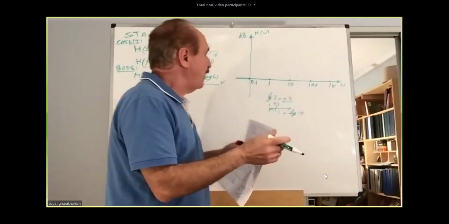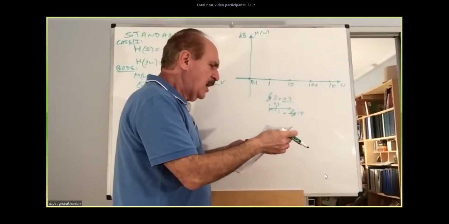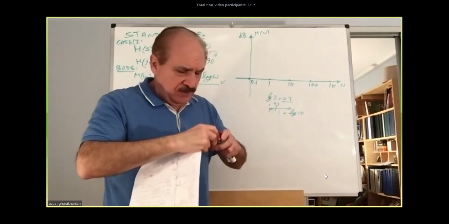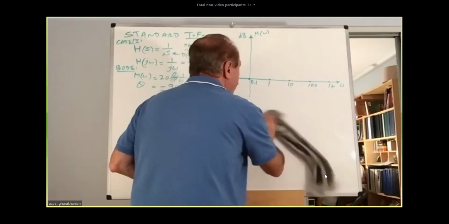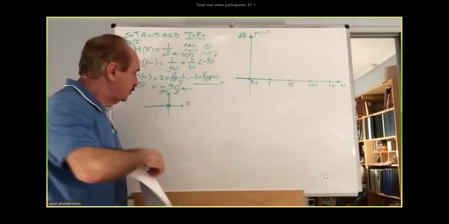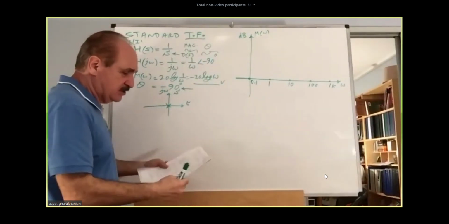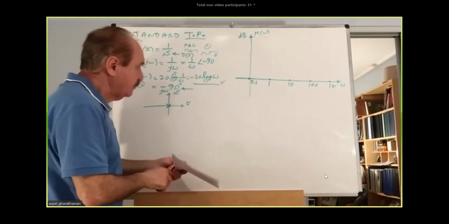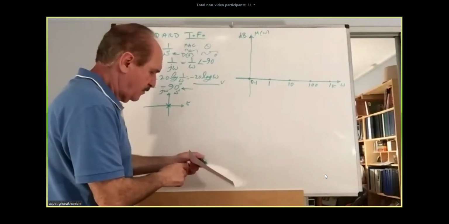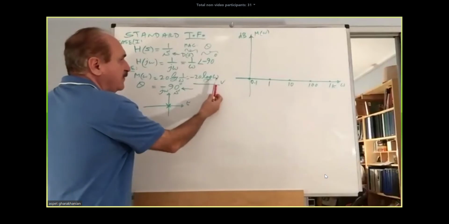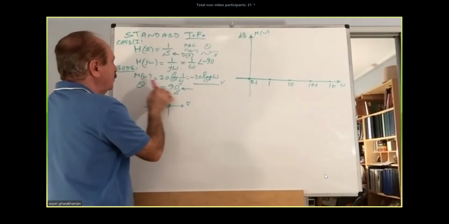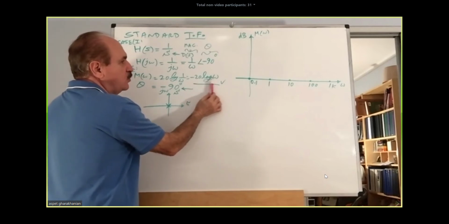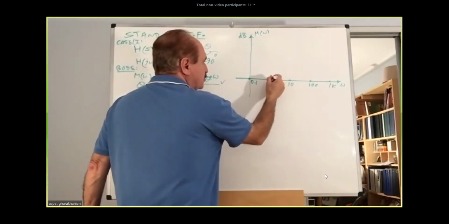Now, graphing it. How do we graph this? Check the function itself. This is the easiest of all. If you put omega equal to 1 in this equation, the outcome will be log of 1, which is 0. So it's going to pass from here.